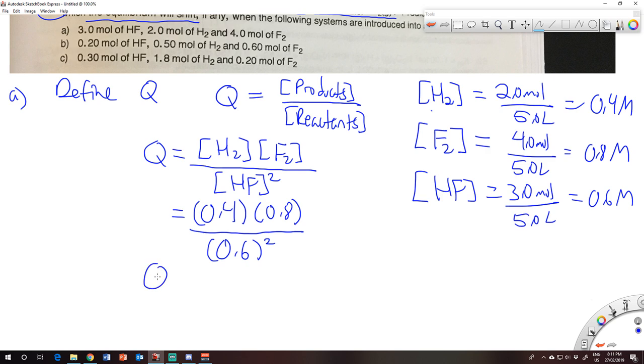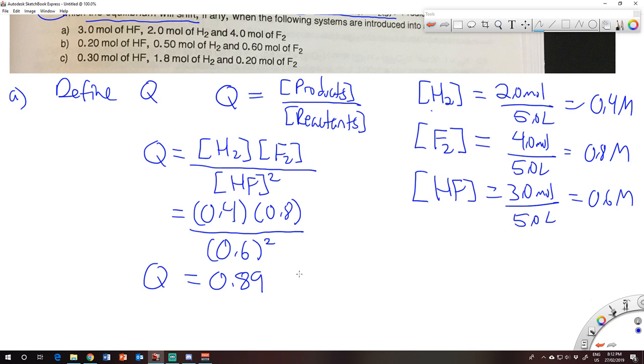Let me pull out my calculator here. We got 0.4 times 0.8 divided by 0.6 squared. So this gets me a Q value of 0.88 repeating, so we'll go 0.89.